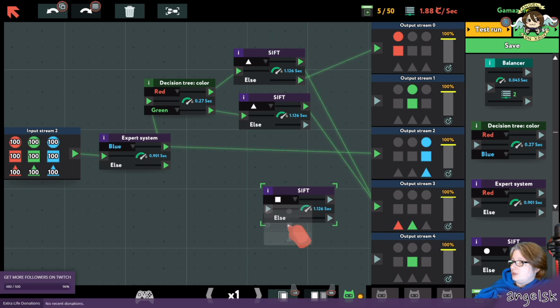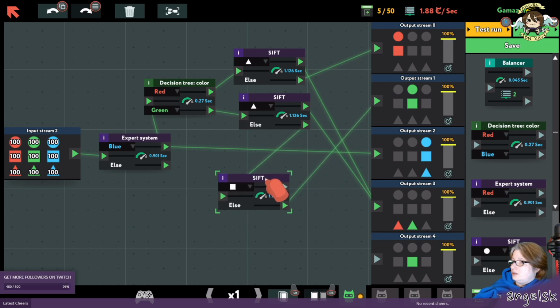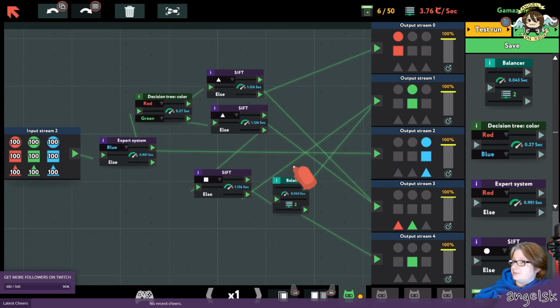So green square. The circle goes up here. And then the square splits. God, that's a mess.